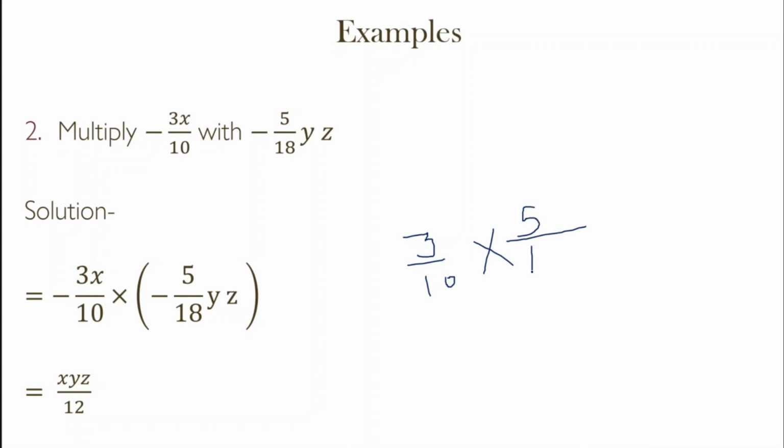If there is something in the numerator or denominator that could be cancelled, then we should cancel it. Like 3 ones are 3 and 3 times 6 is 18. Similarly, 5 ones are 5 and 5 times 2 is 10. So we are left with 1 times 1, which is 1, and 2 times 6, which is 12. That's how it's 1 over 12. I hope it's clear.